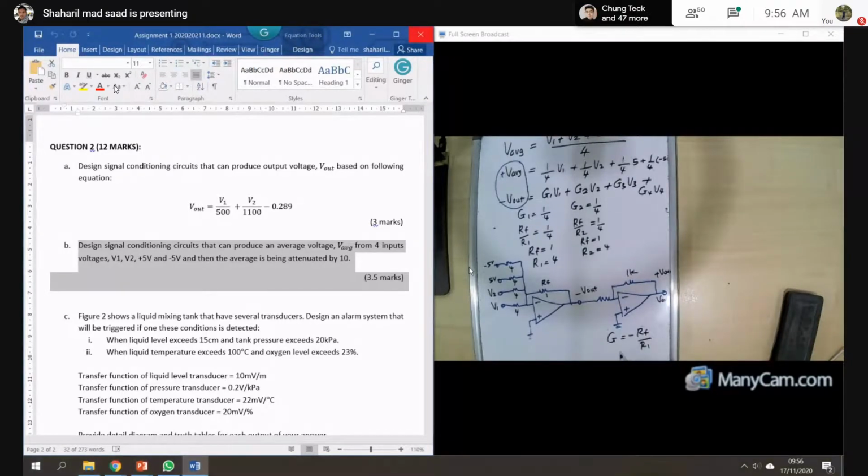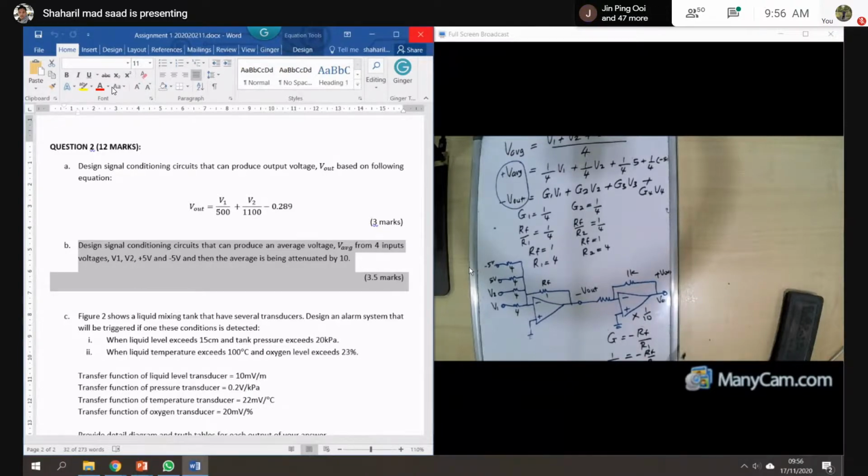So you want it attenuated. That means it will multiply with 0.1, or 1 divided by 10. So minus RF over R1.